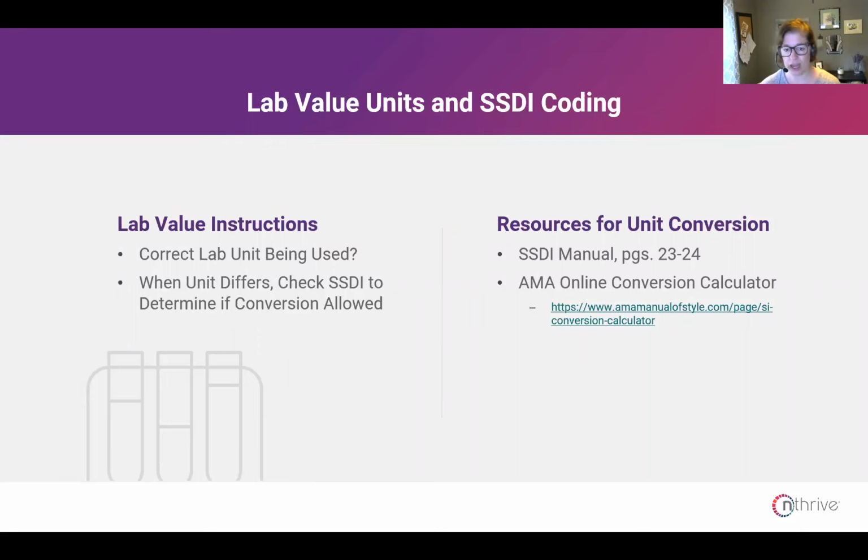SSDI doesn't always allow for conversion in every situation, so it's important we consult the SSDI instructions to determine if conversion is allowed. So if we're permitted to convert a lab value, the SSDI manual provides guidance for conversion on pages 23 through 24. There's also reference to the American Medical Association's online conversion calculator, and we've provided the link on this slide here.